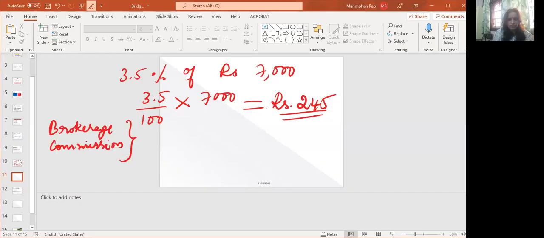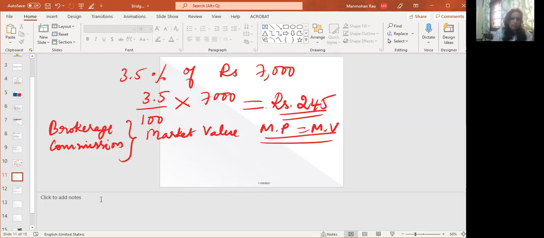They have deleted that portion. Your brokerage and commission are always calculated on the selling price. Here we have market value, so it is always on the market value or market price, either MP or MV, both are one and the same.